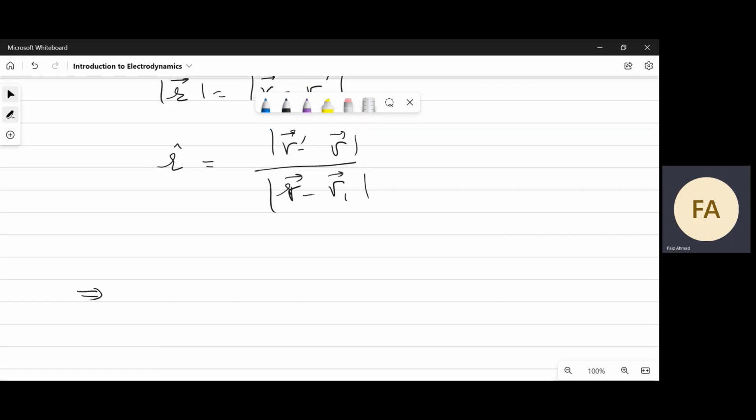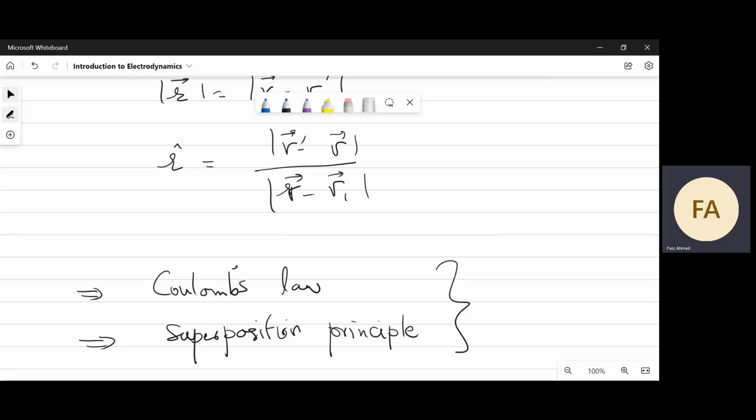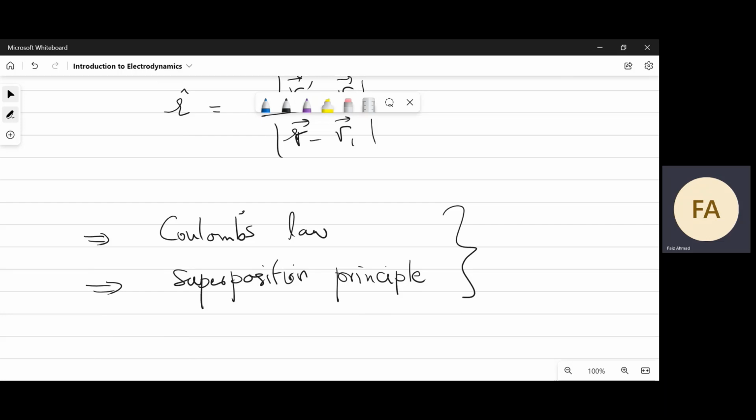So for electrodynamics, now we have two things. One is Coulomb's law. The other thing is the superposition principle. These are the two things we know for electrostatics.